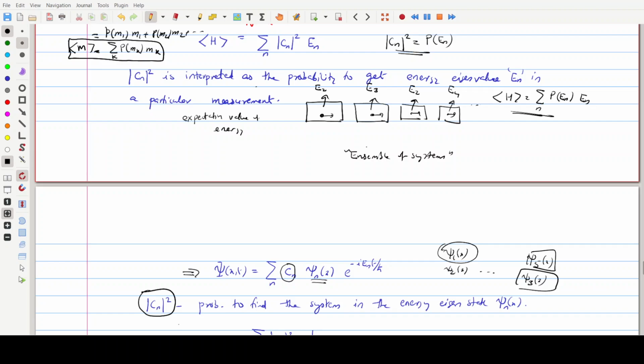So there are two ways of doing it. One, you can have an ensemble of systems with a large number of copies and perform the experiment on each copy, and you will get different results. If you found the energy as E2, that means the system collapsed to the state psi 2.